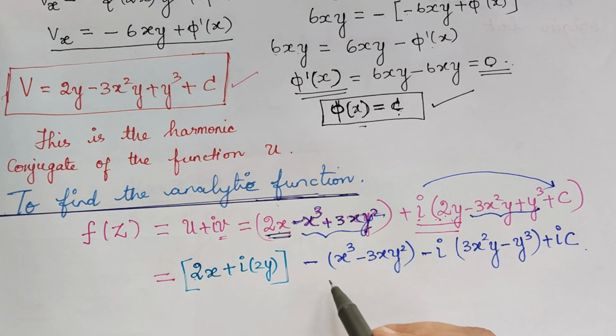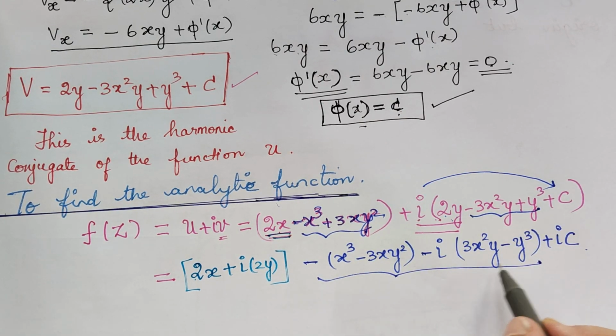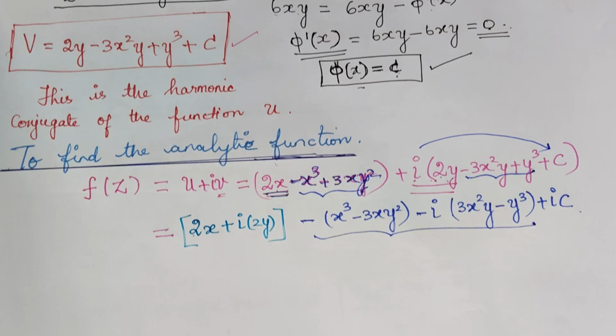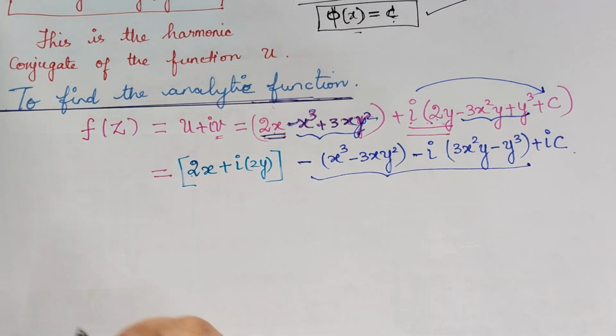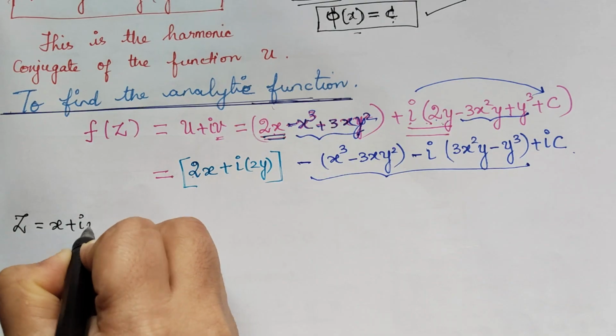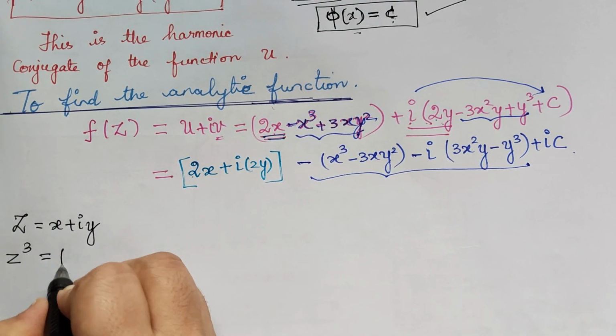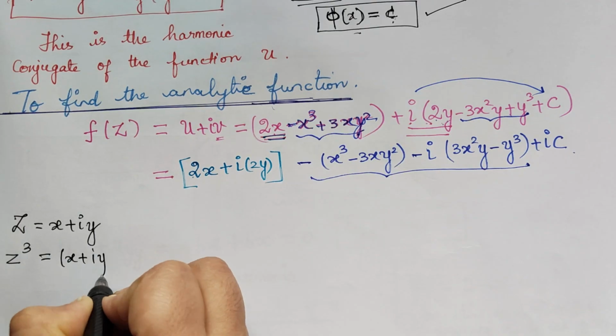Now if you see this, you will be able to identify what these terms are, because I will show you that. We know that z is equal to x plus iy. And what is z cube? We have already learnt about this. It is x plus iy the whole cube.